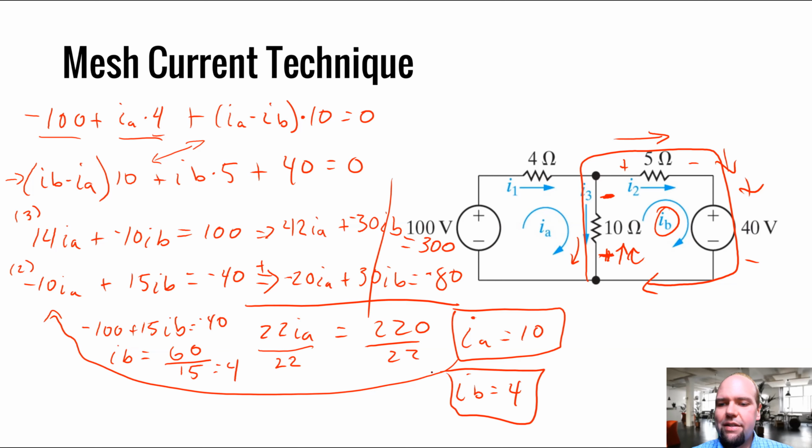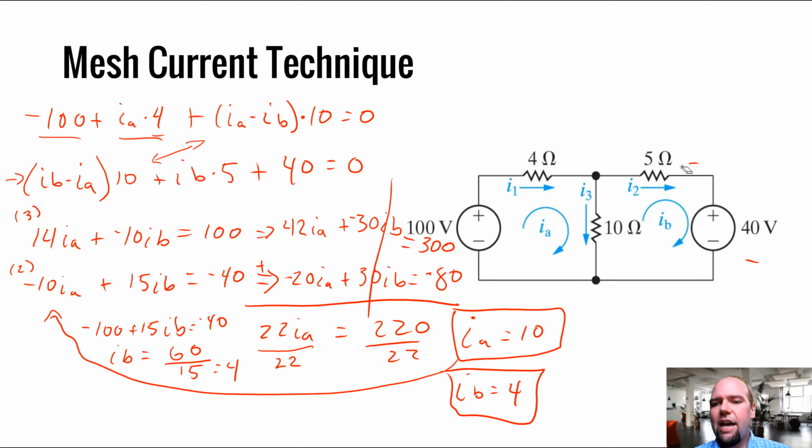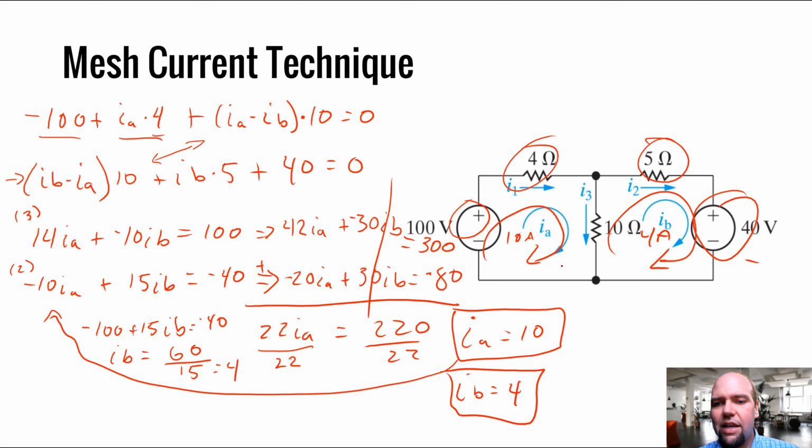So that means, just to go back here, that swirling around in this circle, I had 4 amps, and swirling around in this circle, I had 10 amps. Which means there's 10 amps through here, 10 amps through here, 4 amps through here, 4 amps through here, but where these intersect, I have 10 imaginary amps flowing down, and I have 4 imaginary amps flowing up.